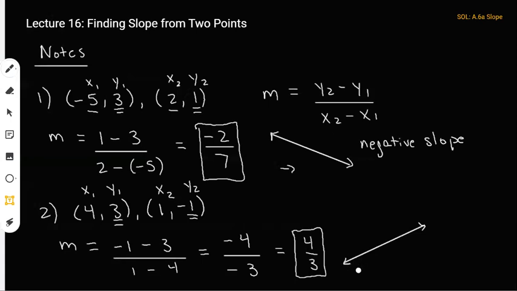It's going to look like this. Whenever you have a positive slope, that means as you go from left to right on the line, it's going to be sloping upwards. It goes up as you move from left to right, whereas a negative slope will move down as you move from left to right.